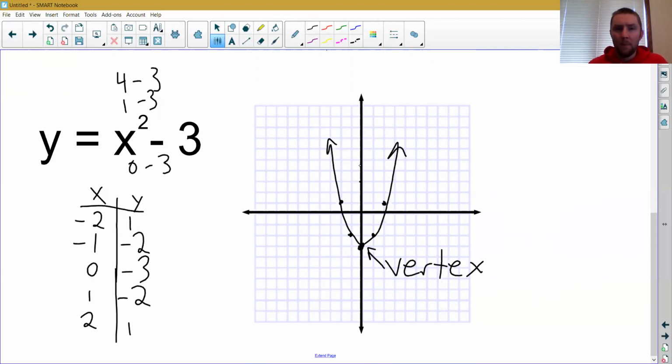Okay? Now this particular equation is one that we will eventually look at solving. This is one we could solve by square roots.